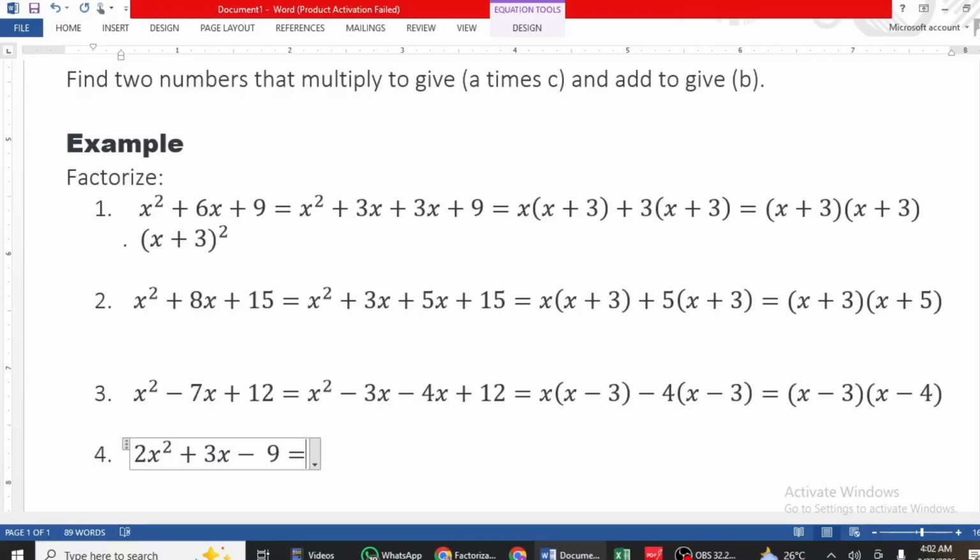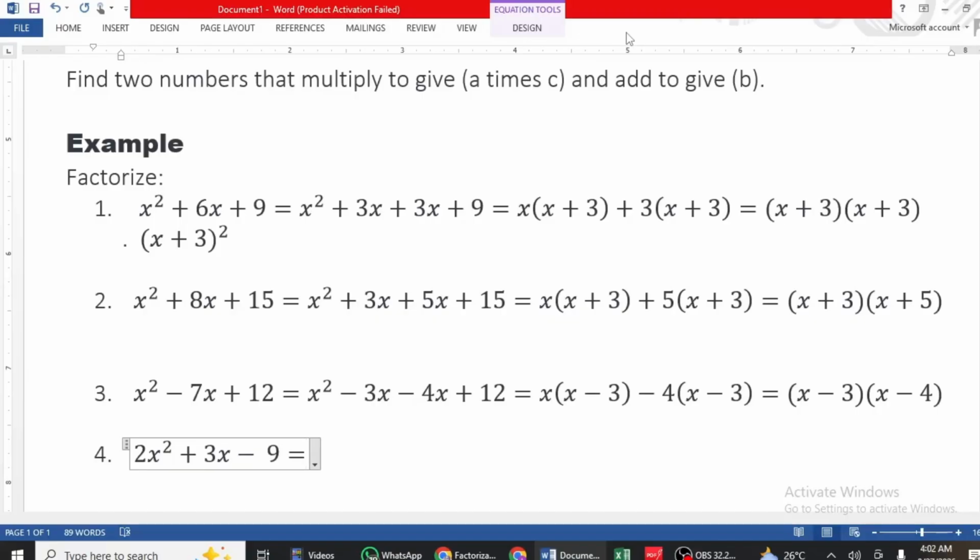Factorize 2x squared plus 3x minus 9. The sum is 3 and the product is -18. That is 2 times -9, -18. Then you think of two numbers that when you multiply you get 18, and when you add you get 3.